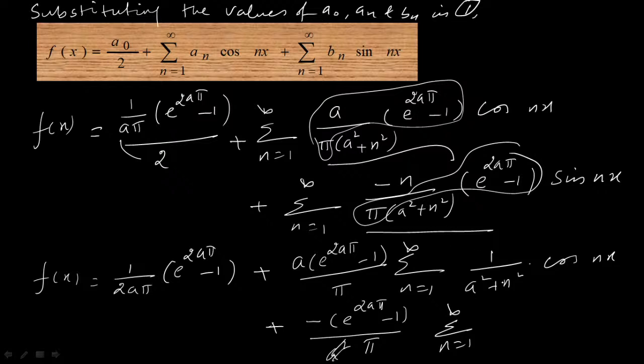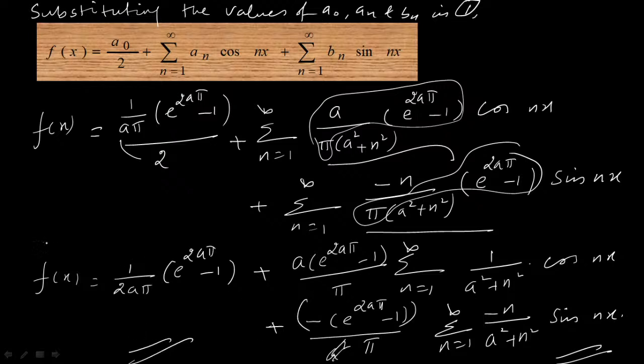Here within the parenthesis you have minus n divided by a square plus n square of sin nx. So you can't simplify further. Okay, that's all. So this is the Fourier expansion of the given function f of x is equal to e power ax, that is given in the interval 0, 2 pi.